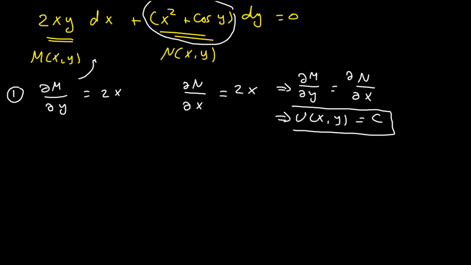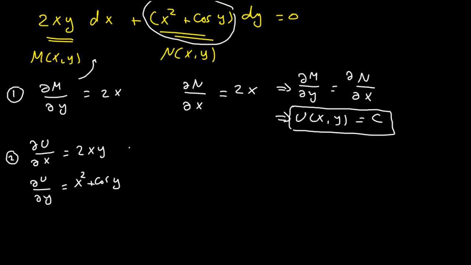Now we will go to the next step to find this function u. So we will say that partial u by partial x will equal the function M, which is 2xy, and also partial u by partial y will equal the function N, which is x squared plus cosine y.